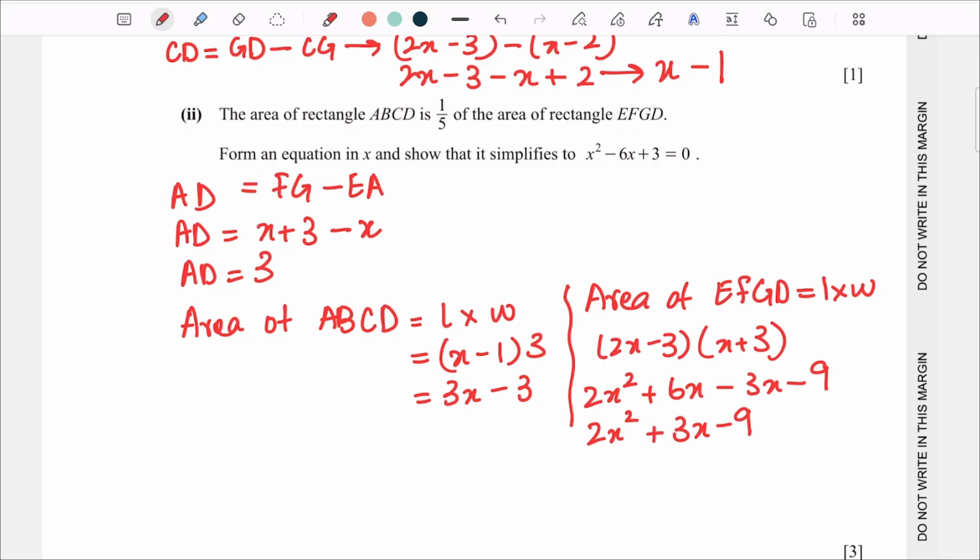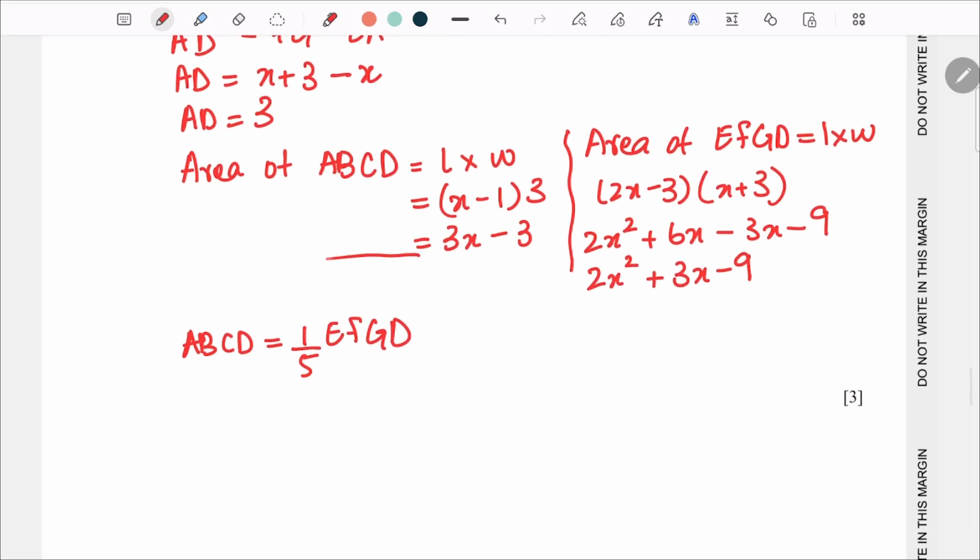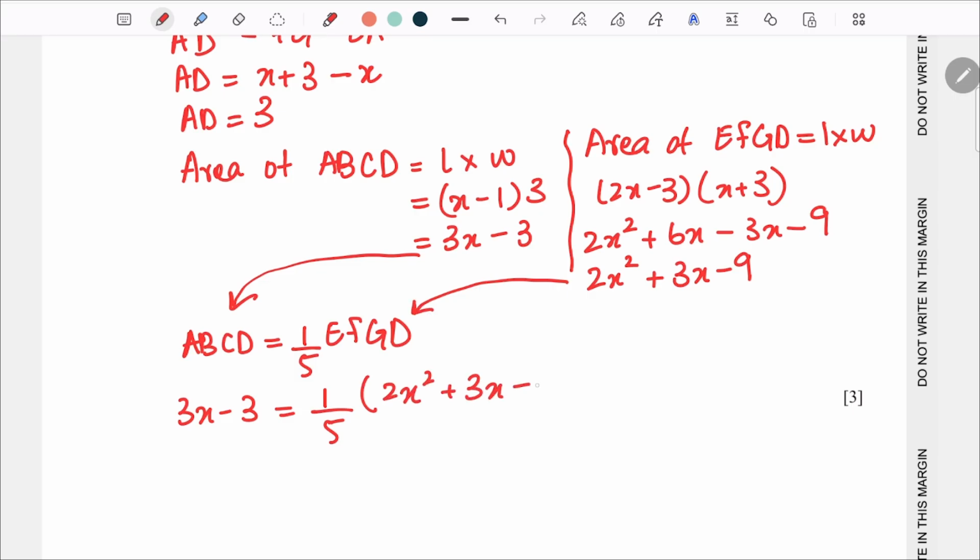Now the question is telling us the area of ABCD is 1/5 of the area of EFGD. Now the area of ABCD is 3x minus 3. So 3x minus 3 is equal to 1/5 multiplied by 2x squared plus 3x minus 9.